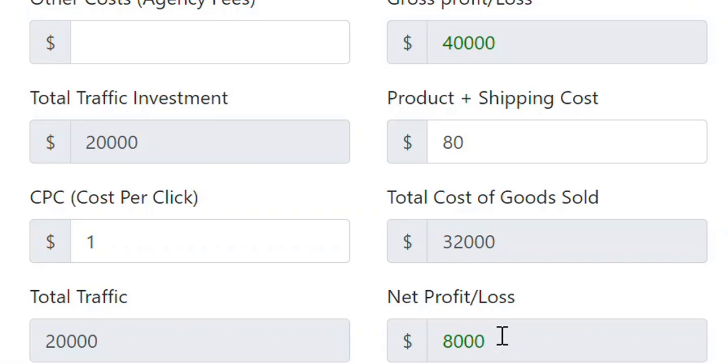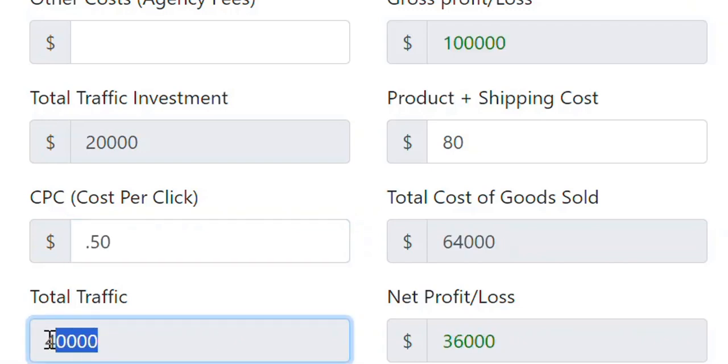But what if ABC Limited is able to reduce this cost per click to 50 cents? Okay, look at what happens. Their traffic has doubled from 20,000 visitors to 40,000 visitors without increasing their advertising spend.